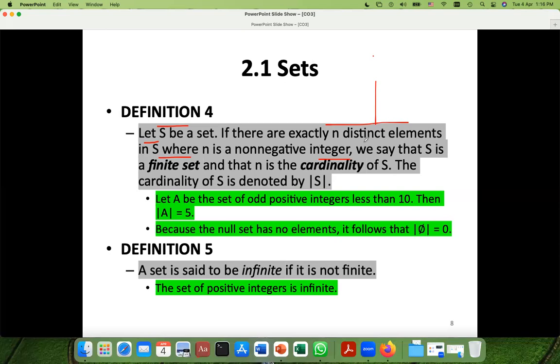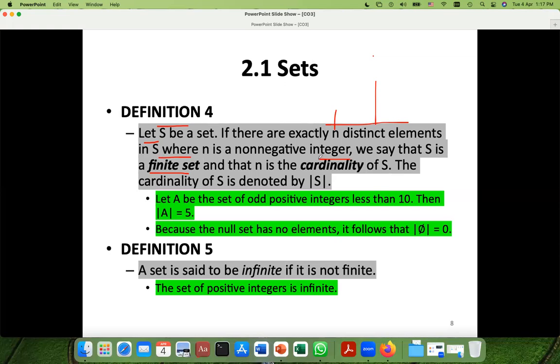Then we can say that this S is a finite set because it is containing n different elements, and you can give the value to this n, 20, 25, 100, whatever. So that set contains 100 different elements. This is the definition for the finite set.